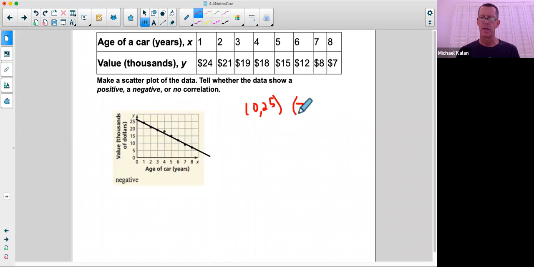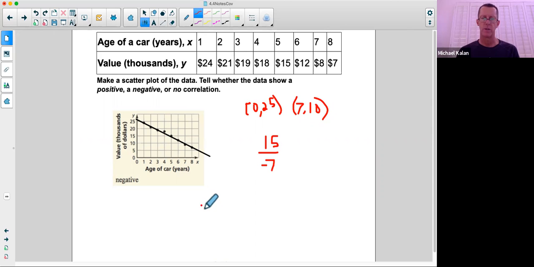And we could actually use these 2 points. We could go 25 minus 10, right? This is, remember, parentheses. 25 minus 10, that would be 15. That's our change in our y's over our change in our x's, 0 minus 7, which should be -7, which means our slope is -15 over 7, right?